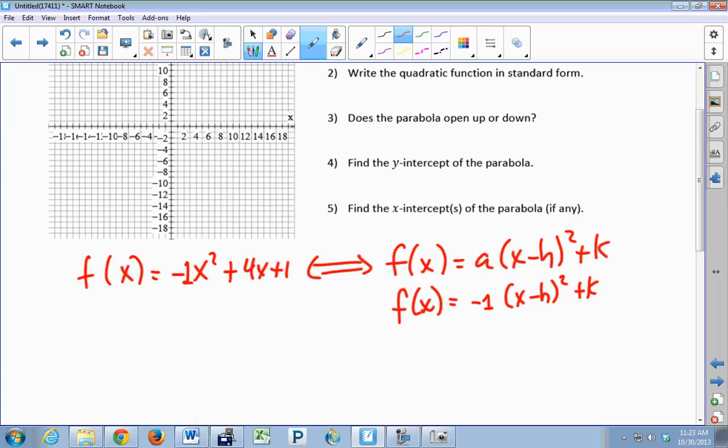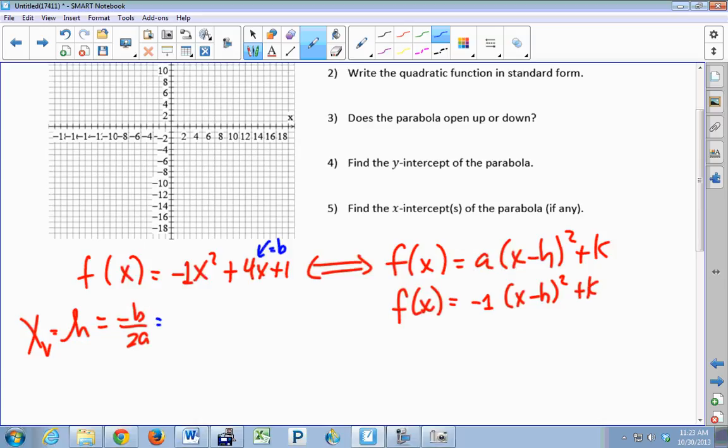Well, h is the x coordinate of your vertex, and that's -b divided by 2a. So what's b in this expression, -1x squared plus 4x plus 1? What's the value for b? 4. It's the coefficient of your linear term right there.